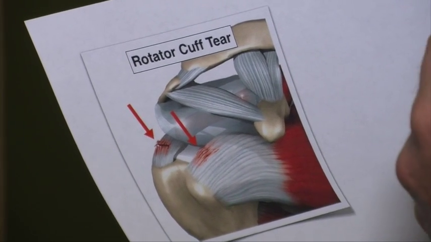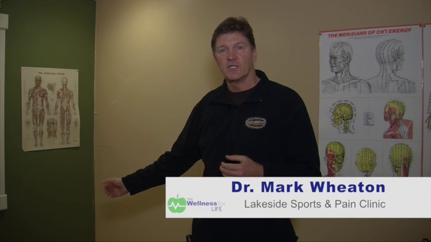They'll often report pain when they start to raise their arm above their head, off to their side, or when they reach back behind the car seat. Other times they might just reach out in front and have problems where the pain radiates into the front of the upper arm or into the back of the shoulder. It often is a dull pain. It can be achy and often can be sharp as well. If it ever gets to the point where the person cannot even raise their arm from their side, often the tear is quite massive at that point.